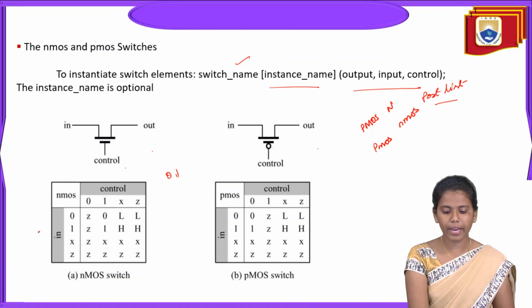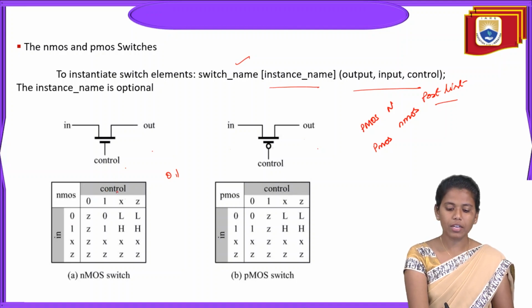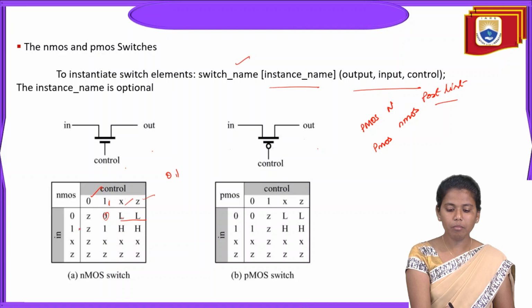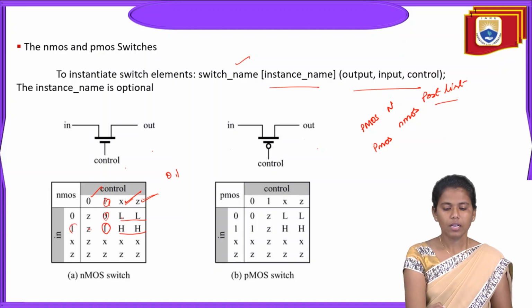For NMOS, if the control line is 1, then when my input is 0 the output is observed as 0, and with X and Z it becomes low, with Z as the high impedance value. When my input is observed as 1, the output with X and Z goes high, and with 0 it goes to Z.